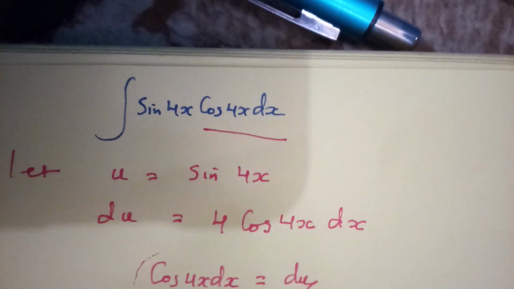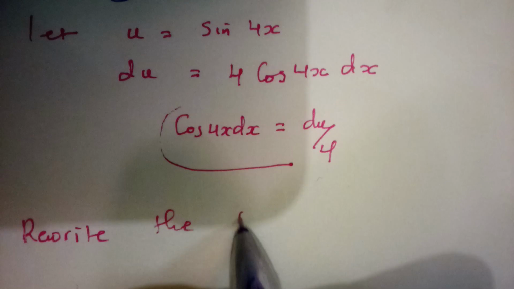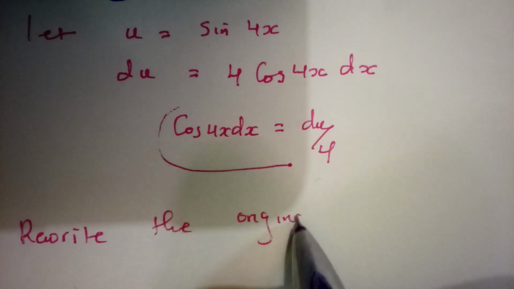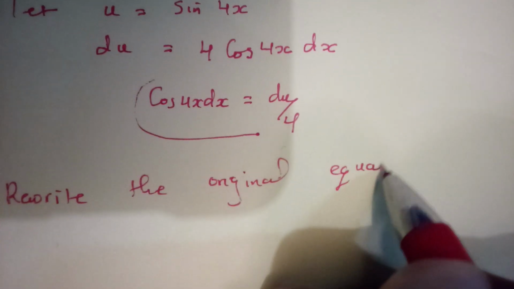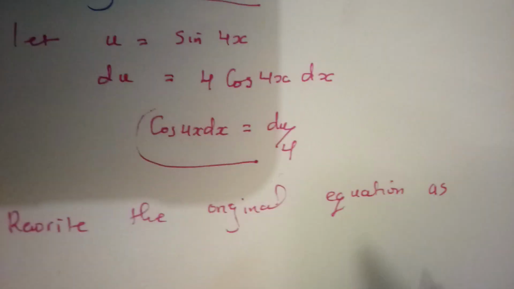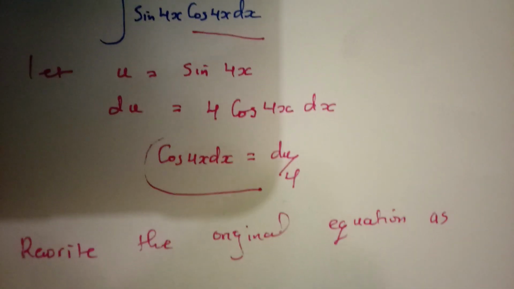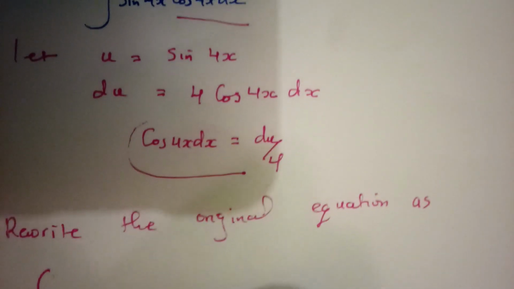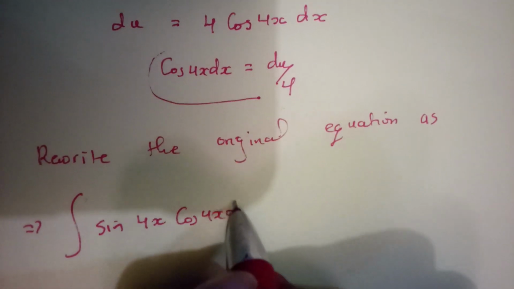So we can now rewrite the original equation. The original equation was the integral of sine 4x cos 4x dx.